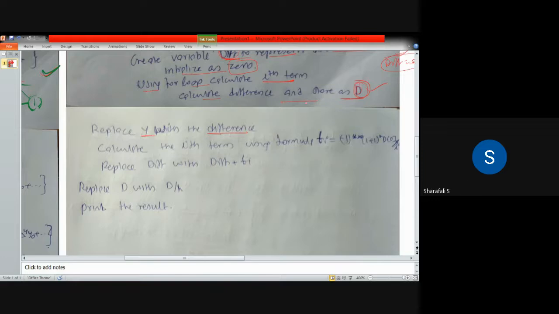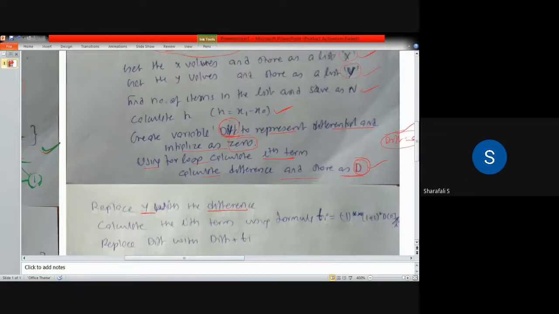Remember that each time, this D is going to replace your Y values. Each time it will be replaced. That's why we are giving here replace Y with the difference. So we calculate the difference, meaning that function, and store it as D.